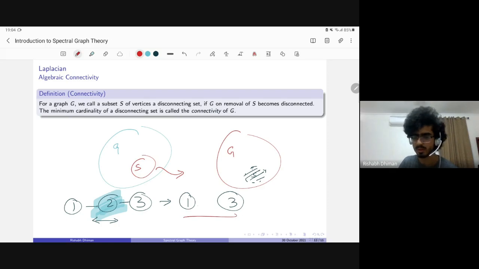And this graph is no longer connected because there's no way to get from 1 to 3. So any such set of vertices that you remove, which satisfies this property that on removing them the graph becomes disconnected, you call a disconnecting set.